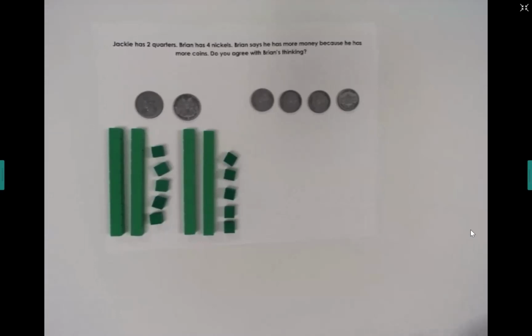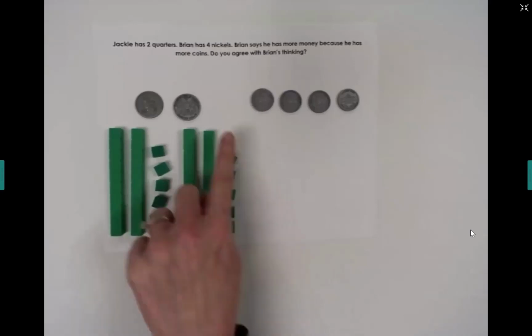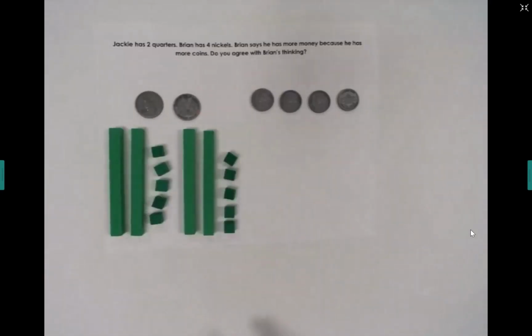That's coming later, right? So I'm not thinking about this as an addition equation. The way I want to model it and think through it is by relying on my place value understanding and my counting strategies. Okay, so we're going to count to find the total value.